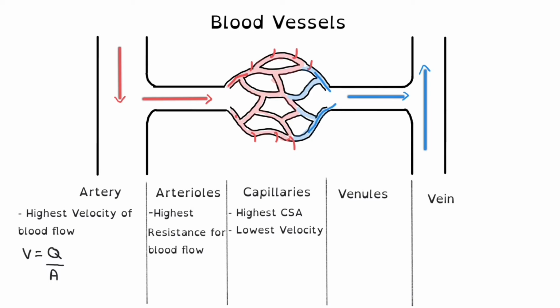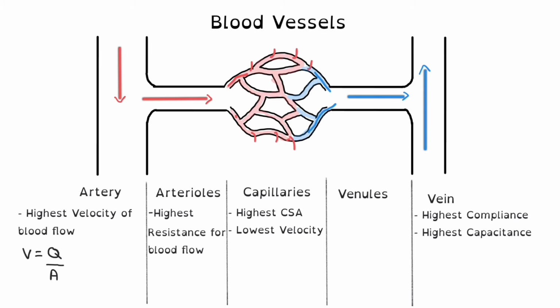This is important because this allows more time for nutrient exchange at the level of the capillaries. This is where we're going to have nutrient exchange to muscles and our organ systems. So it's important to know that this is where we're going to have the exchange.